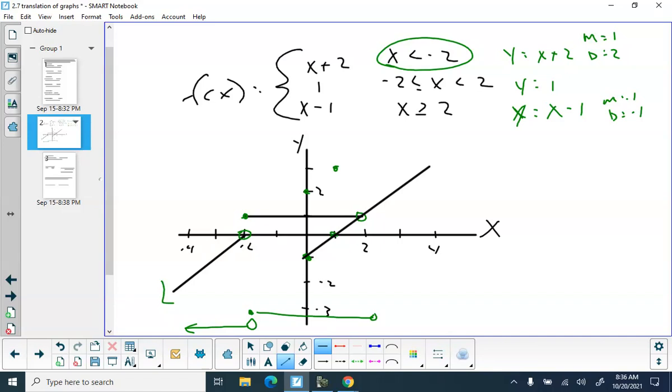And we need to have a solid dot on 2 and going to the right. So what that will do is fill in this open dot that I have here and make this a solid dot. And then we have an arrow here. Okay, once again, it's one of those problems that will fill in the open dot like we had yesterday.